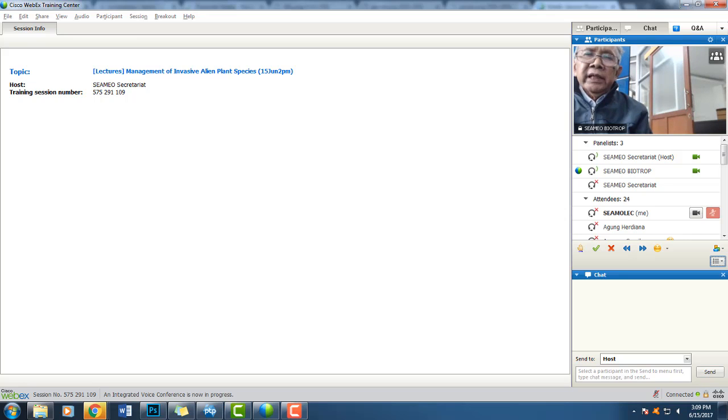So what we did at BIOTROP, we irradiated the seed of this Acacia mangium. Hopefully, they will be changed into a plant which is infertile.